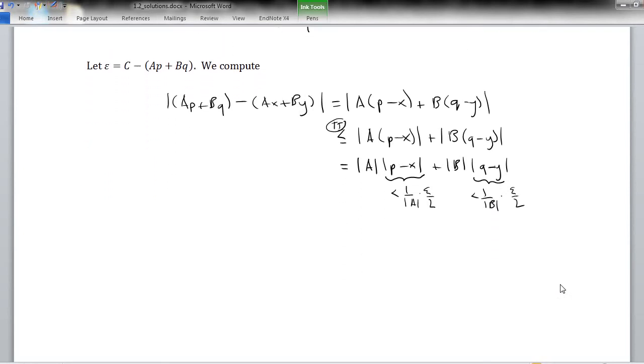So still trying to find some delta which would make that happen. All right. Well, I claim that we can let delta be just the minimum of these two quantities. Okay, epsilon divided by 2 absolute value a, and epsilon divided by 2 absolute value b.